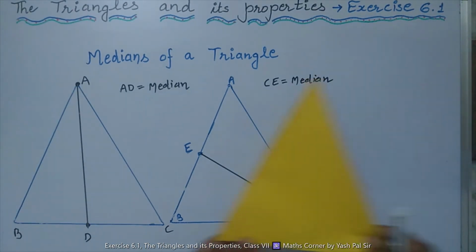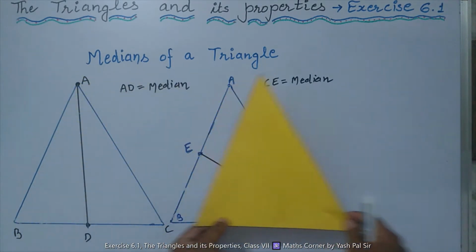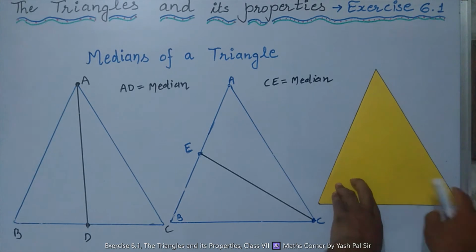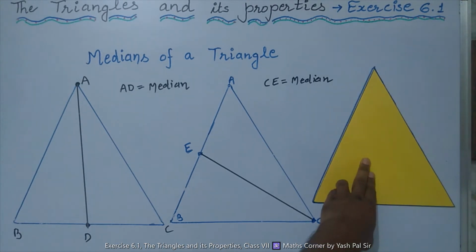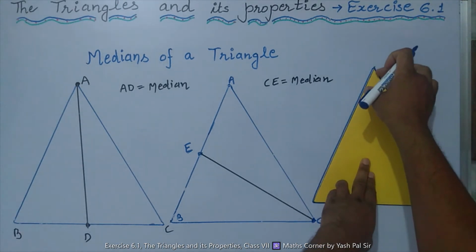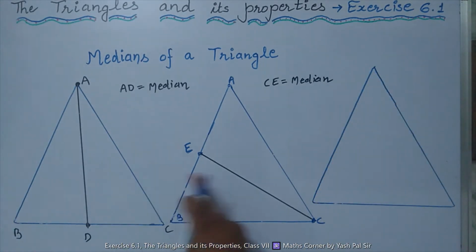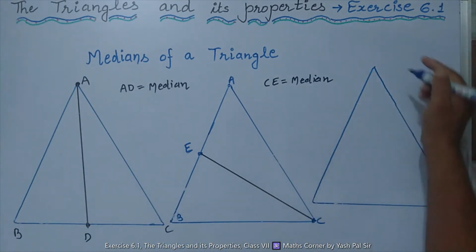Again, same copy of these two triangles, I am going to sketch one more copy of the triangle. This way I have drawn the outer boundary, that is the same ditto copy of these two triangles is here also.